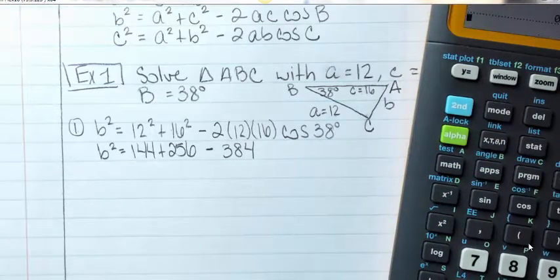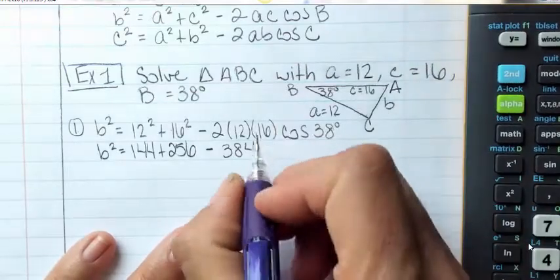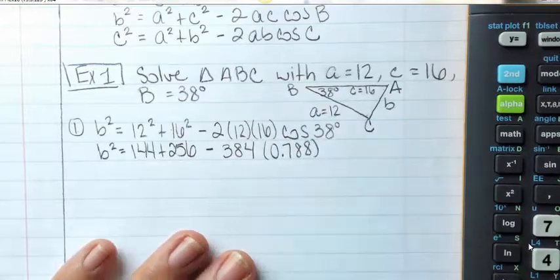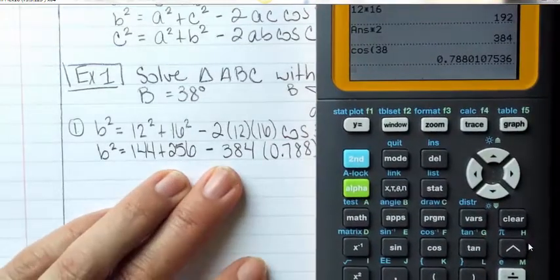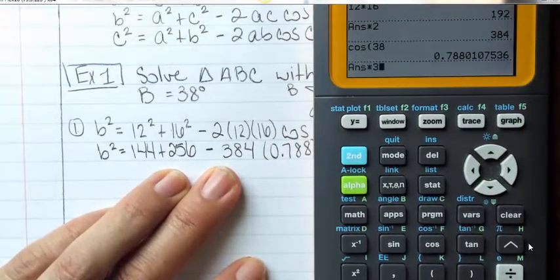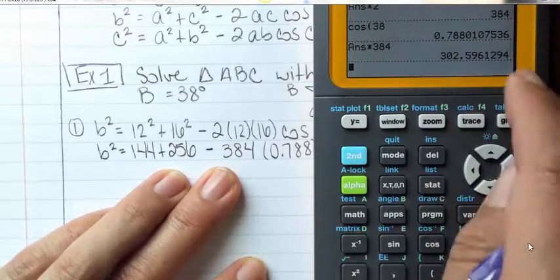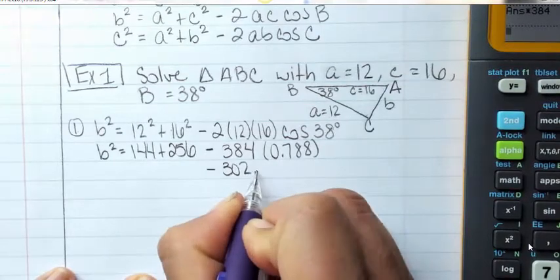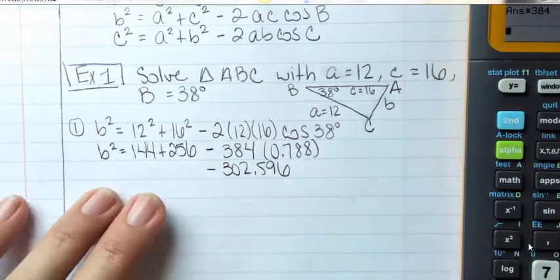So 0.788. I think that's probably enough significant figures there. So times 0.788. And actually what I'm going to do while I still have that in my calculator is multiply that by 384. That way I didn't really have to round in that calculation. So this will be minus 302.596.